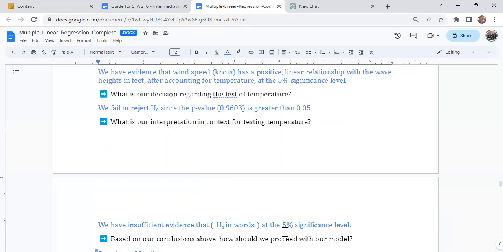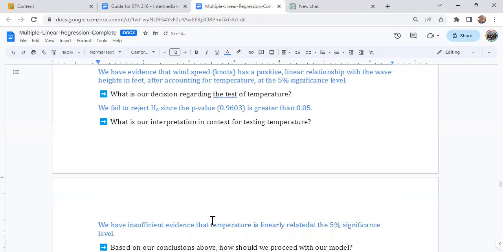That's how we can do it for a result that's not statistically significant. And then in this context, that is HA in words: we have insufficient evidence that temperature is linearly related to the wind speed, temperature in Fahrenheit.